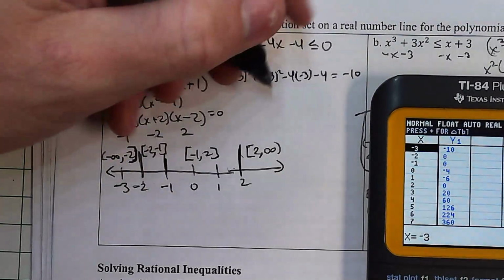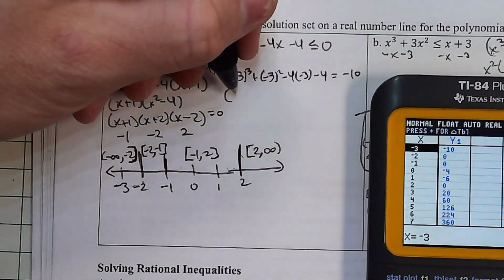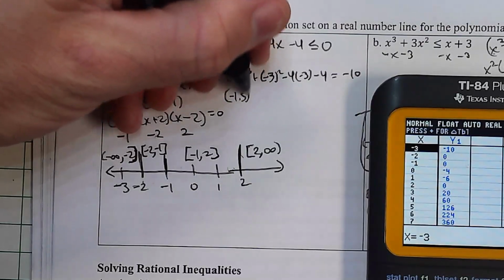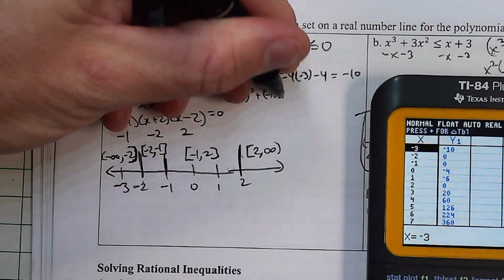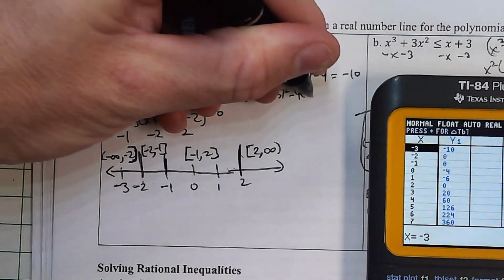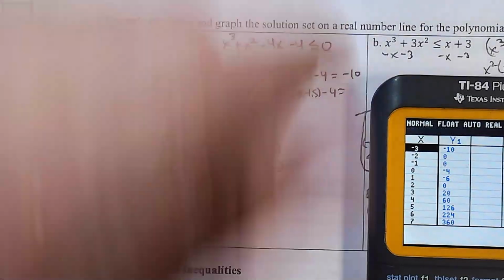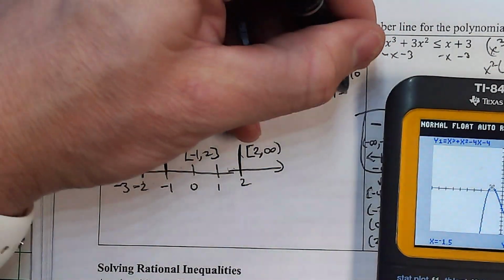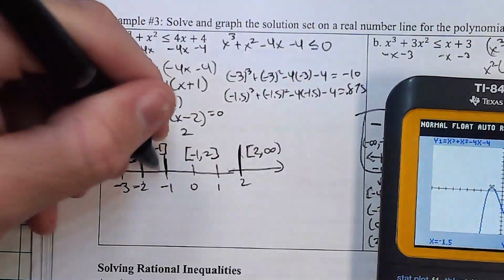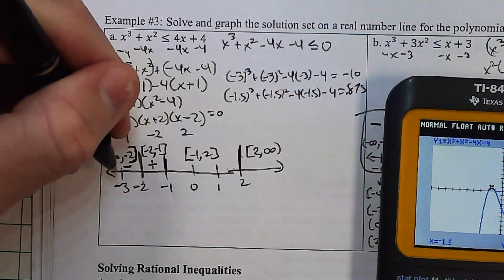Something between negative 2 and negative 1. So I'm about to do like negative 1.5. Negative 1.5 cubed plus negative 1.5 squared minus 4 times negative 1.5 minus 4. I'm going to have to go to the graph on that one. Trace negative 1.5. It's 0.875. So that one's positive. That one's negative.